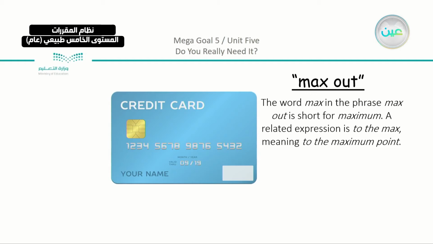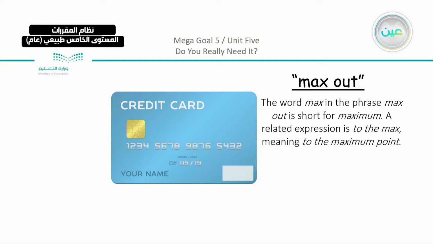Now, when you have a bank account or you have a credit card, you have a limit to what you spend. So either it is your account number, if it is something in your credit, you have a limit, which is the maximum that you can reach for your card. So when I reach my limit and I spend all the money that I have in this card, it means that I maxed it out.